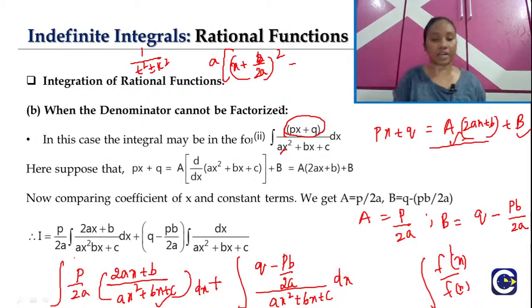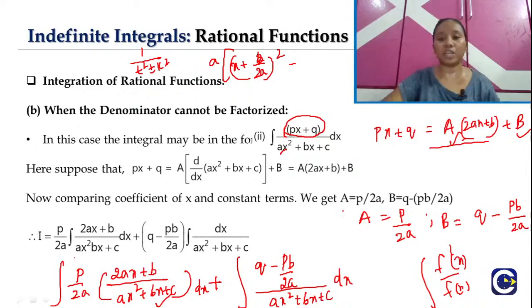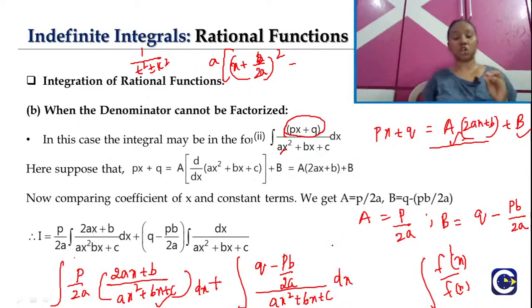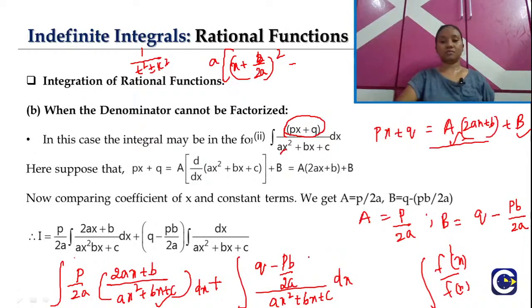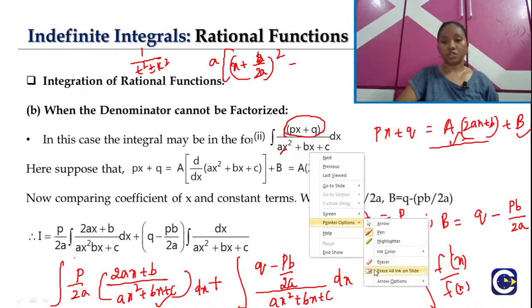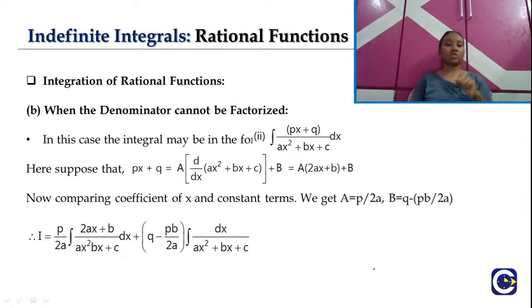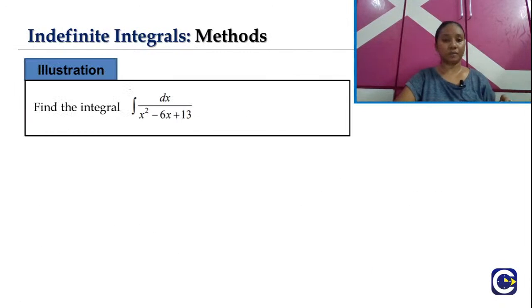So that's the whole funda here. Whatever we are doing, it's always to get into our standard integrals when our denominator cannot be factorized. So this is our second type of rational functions, where we have discussed two cases when the denominator cannot be factorized.